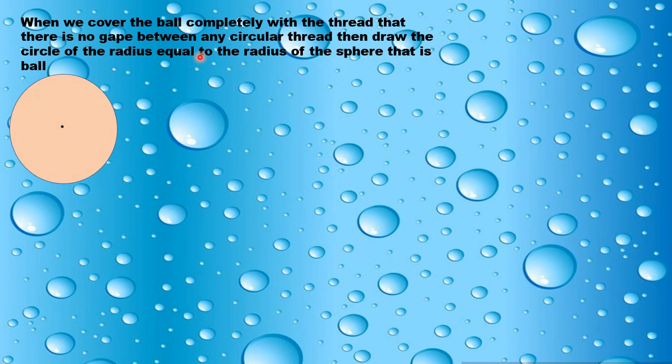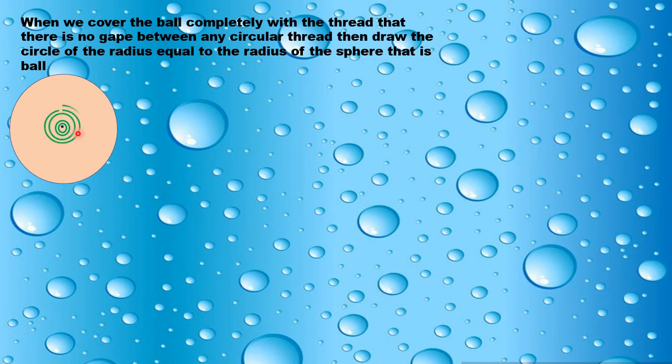Now the thread which covers the ball completely, we remove from the ball, and then we get a long rope. Now that thread we use to cover this circle. Starting with this center, we cover this circle with the thread which was covering the spherical ball.